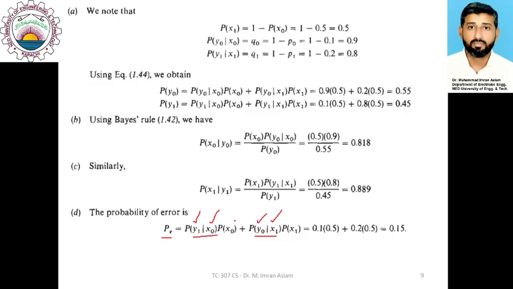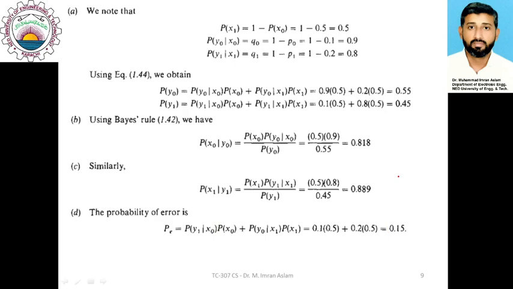For total probability law we calculate a weighted sum, so we multiply with the individual probabilities of transmitting 0 and 1. These are already known: p(y1 given x0) is 0.1, which is p0 in the problem, multiplied by p(x0) which is 0.5. P(y0 given x1) is also given, it is 0.2, multiplied by p(x1), which is 0.5. So this comes out to be 0.15, which represents the total probability of error in this case.